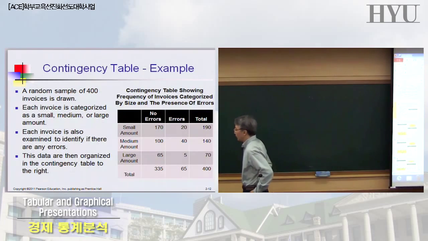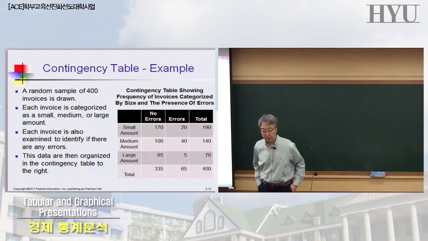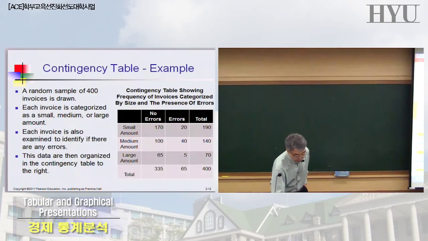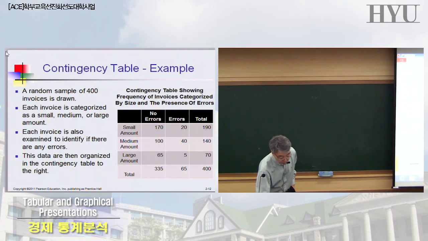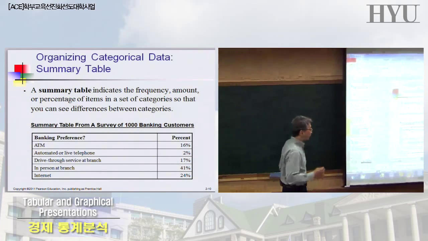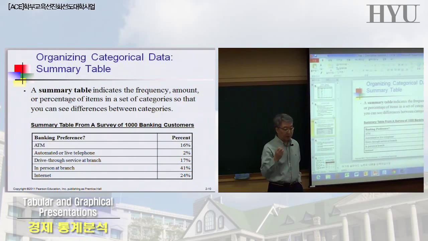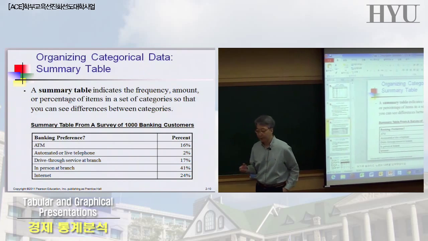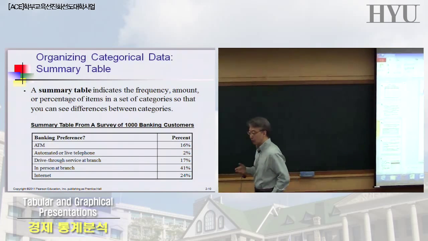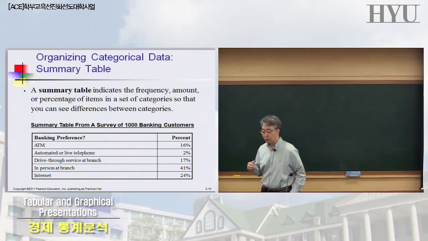All right. So we talked about the summary table, which is the simplest form of data organization. Once you collect the data, the next step is presenting the data and conveying the information to your audience.